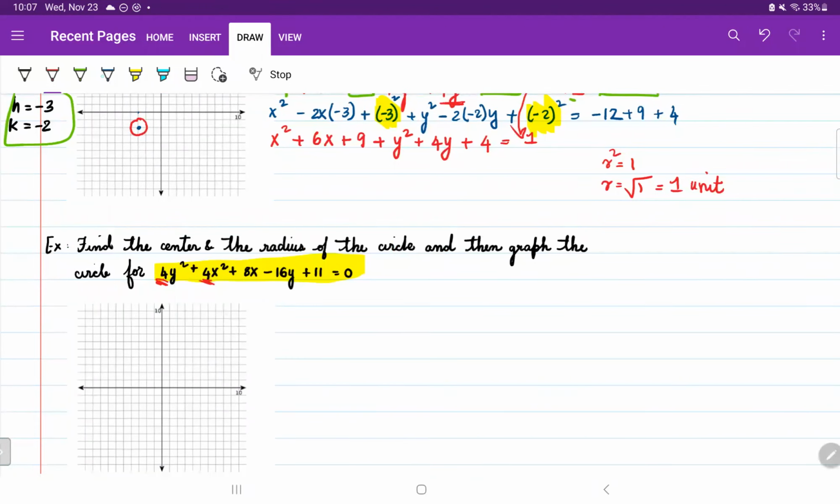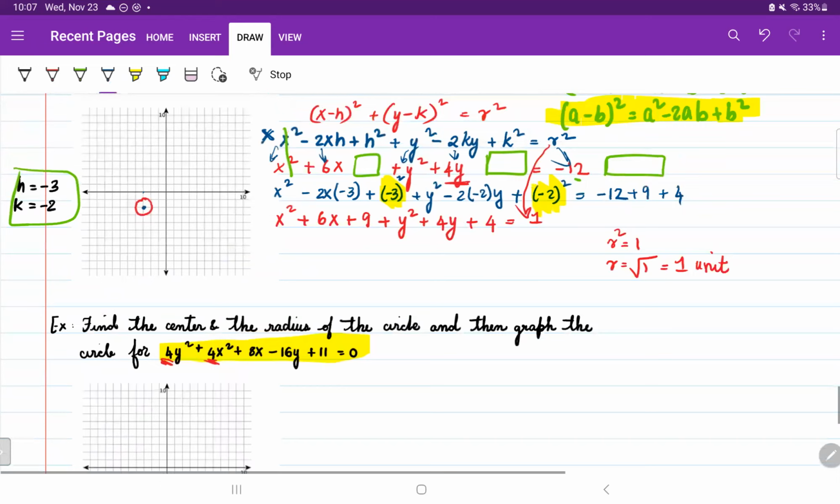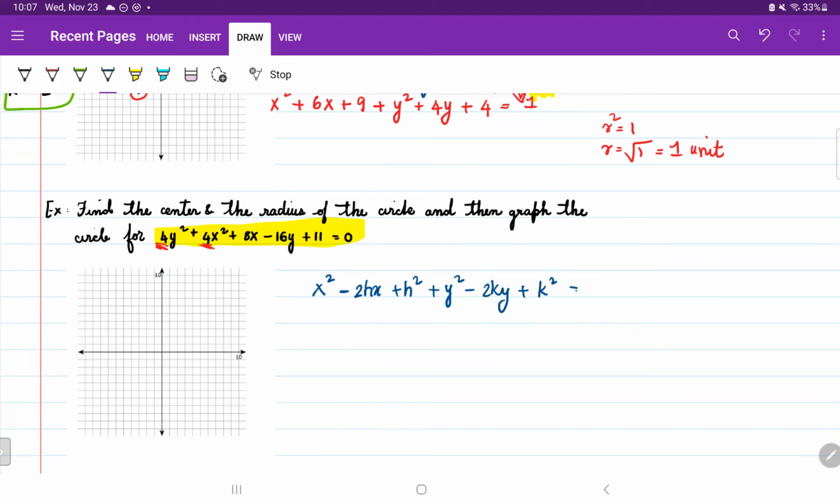The first step would be, again, writing down our formula, the expanded one, which is x squared minus 2hx plus h squared plus y squared minus 2ky plus k squared equals r squared.